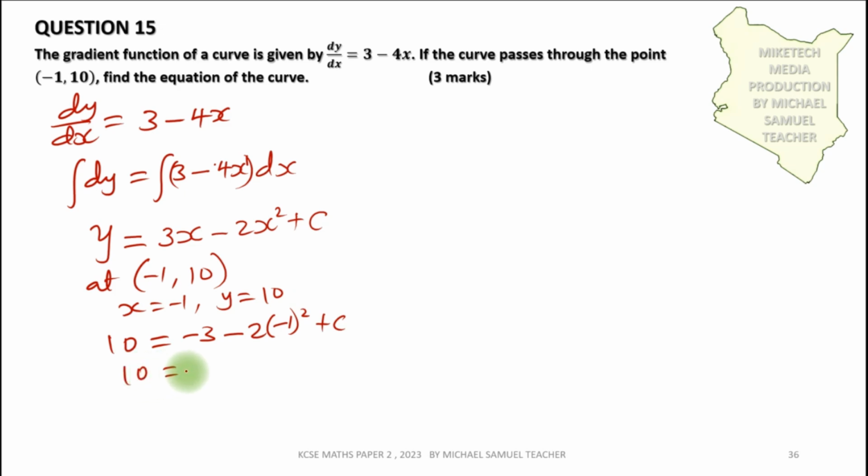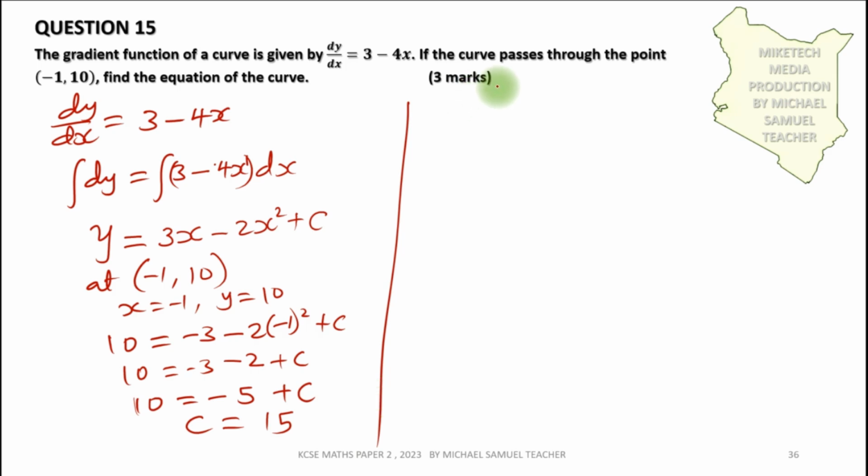So 10 is equal to minus 3 minus 2 plus c, 10 is equal to minus 5 plus c, and therefore c is 15.